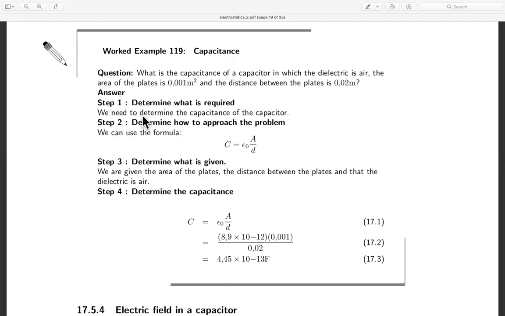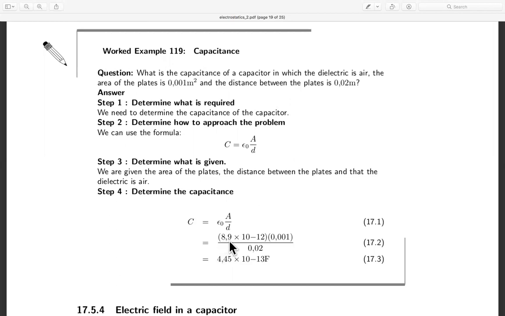We already know A and D, and epsilon zero, the permittivity, is a constant number already provided by the question.